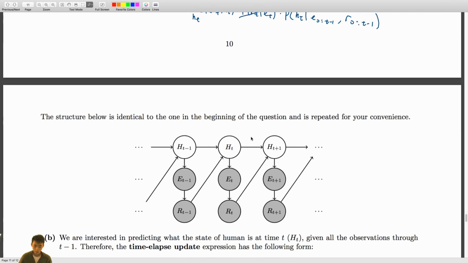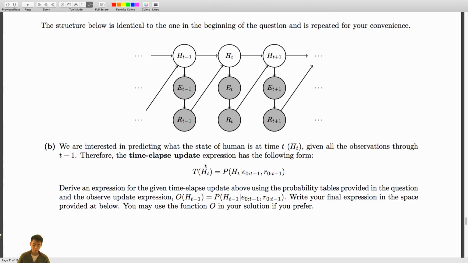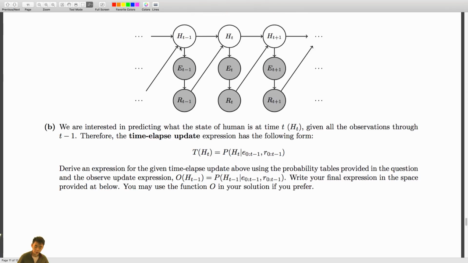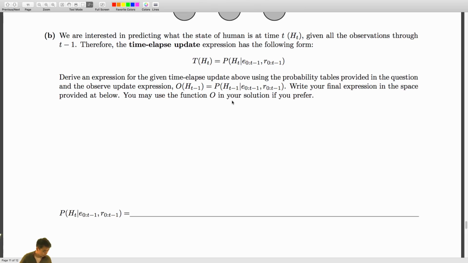Okay. Next, we're going to do the time-lapse update, which is essentially where we have the distribution over h of t minus 1, and then we go to h of t without observing new evidence and the new robot action. Again, we're trying to calculate this quantity, the distribution over the current human action given all the past evidence.